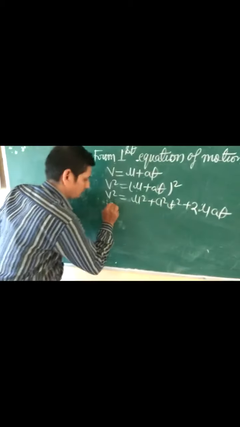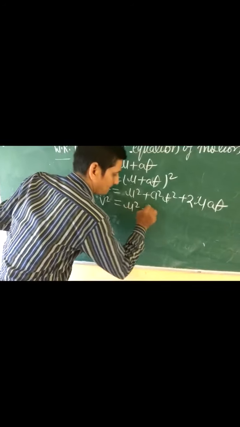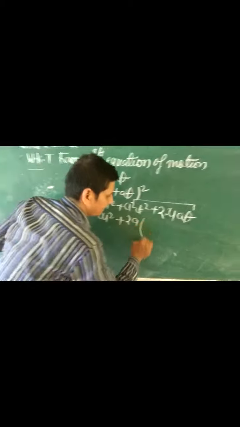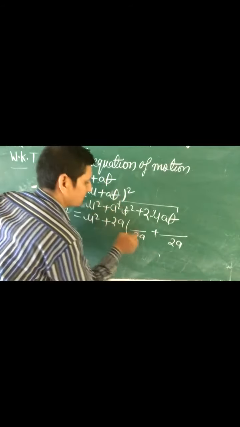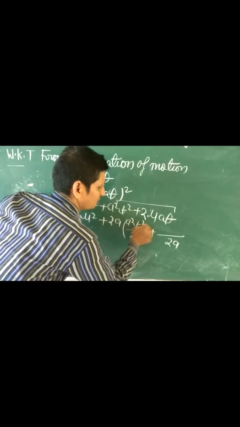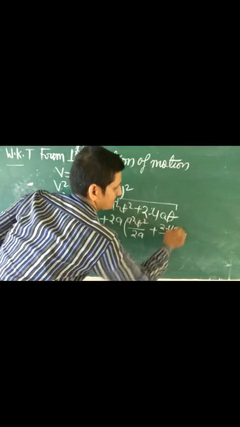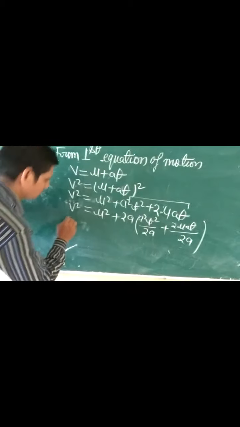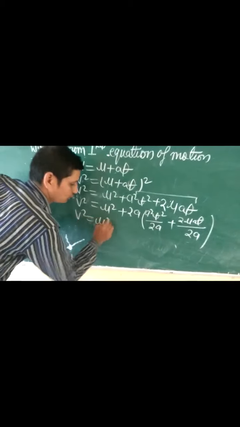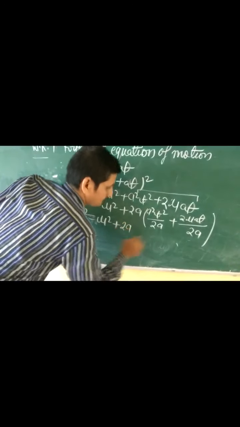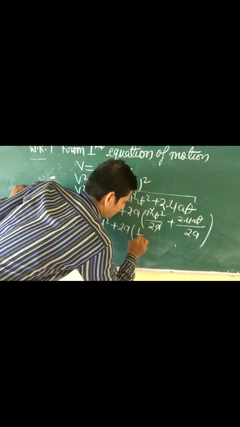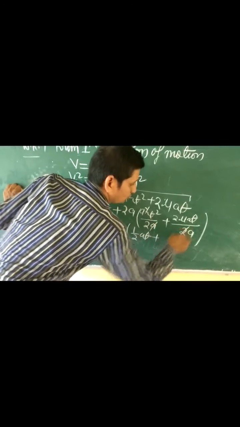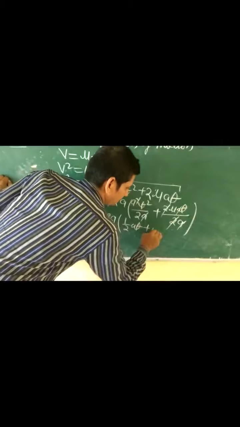Now v square is equal to u square, multiply this portion by 2a and divide each term by 2a. Divide this term by 2a, a square t square, divide this term by 2a. Then we get v square is equal to u square plus 2a. A to a cancel, we get half at square. 2 to 2 cancel, a to a cancel, we get ut.